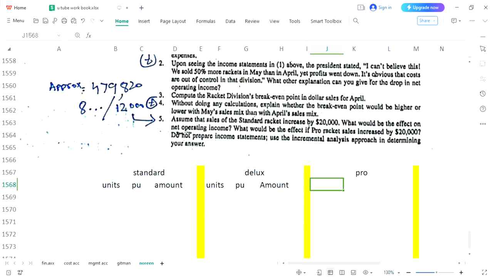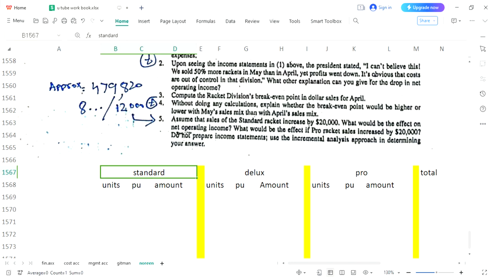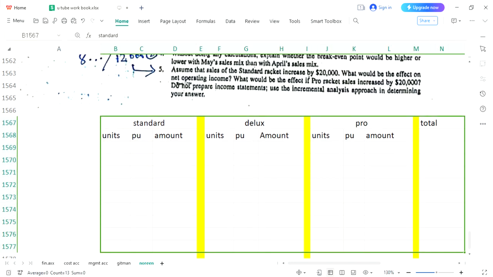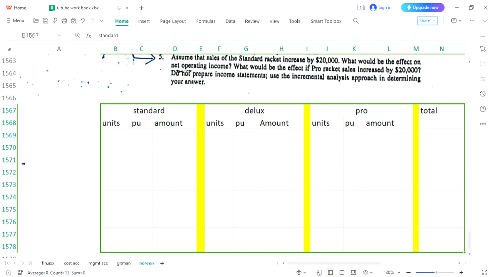Finally for pro, again units, per unit, and amount would be written over here, and the last column will be used to calculate our total. In this way, we will be making the income statement for a mixed sort of products, where there is more than one product. So hopefully you have been reminded what the basic target is.